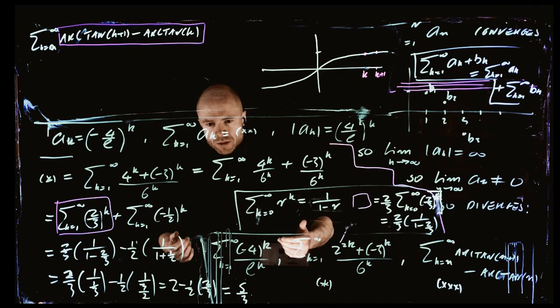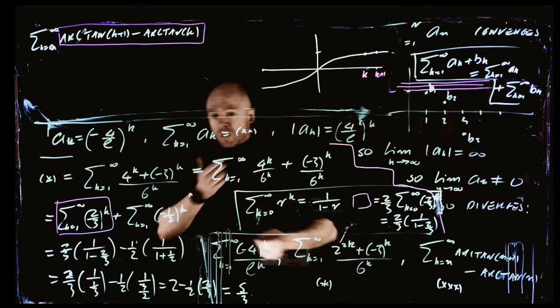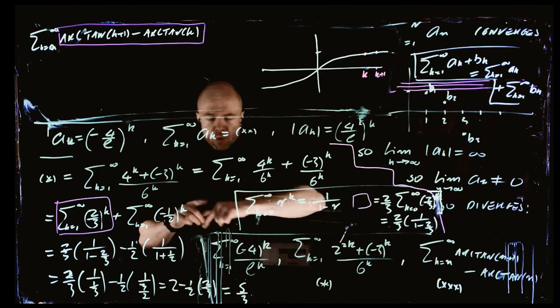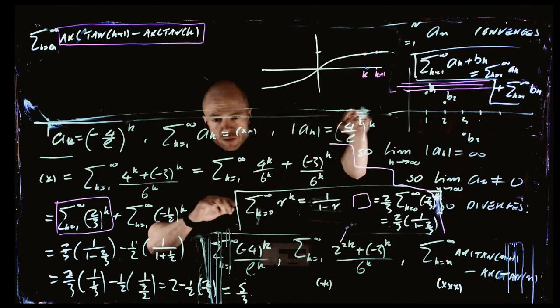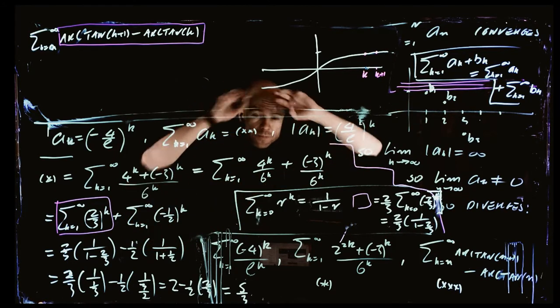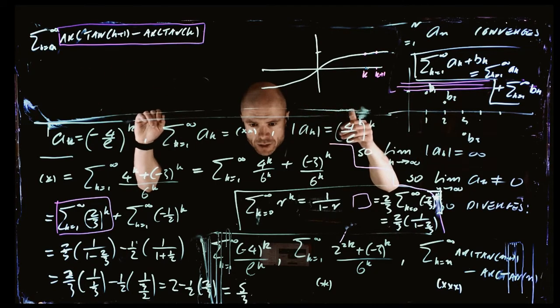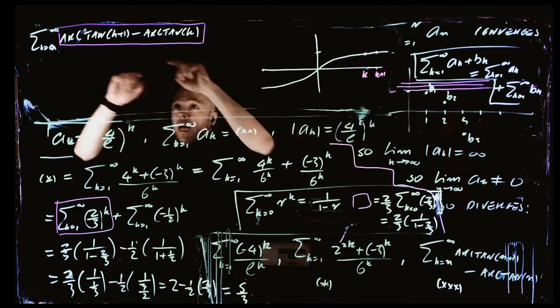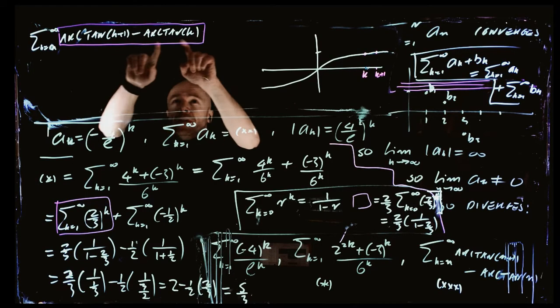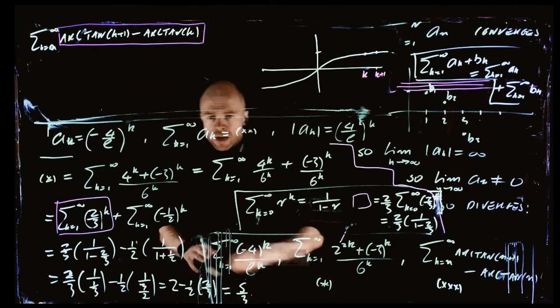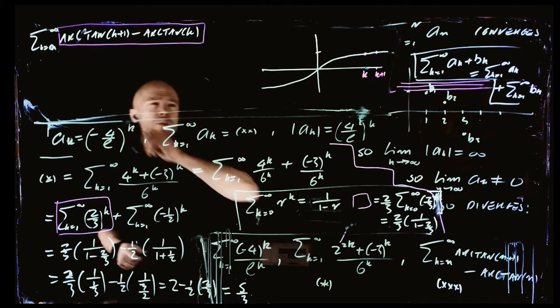And the telescoping series works because when we write out the partial sums, the sum from k equals 1 to n or whatever, then when we do that for something like this, we see a massive amount of cancellation. And another hint that that's going to happen is the fact that we have this term and then the guy before it with a minus sign, which is the kind of thing that happened when we considered this.